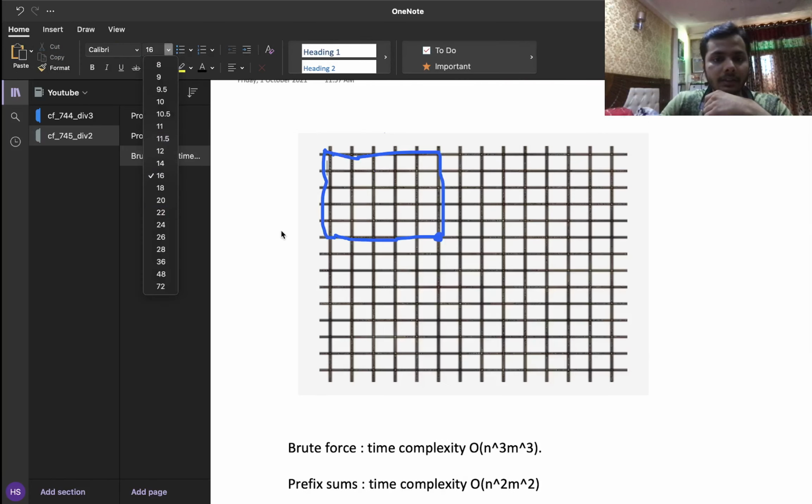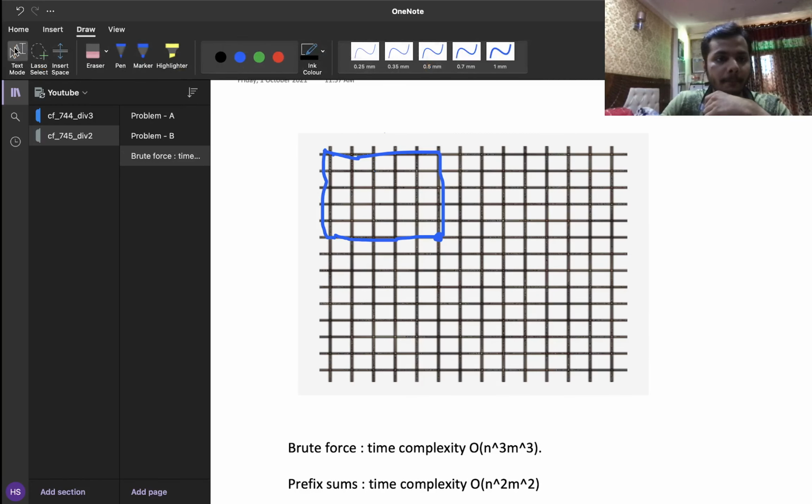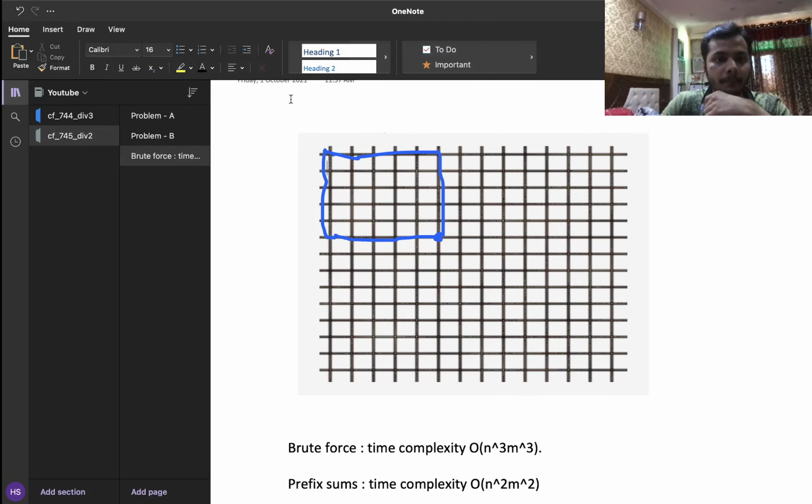I'll write the relation first and then prove it. So let me write it here. The relation goes something like this.